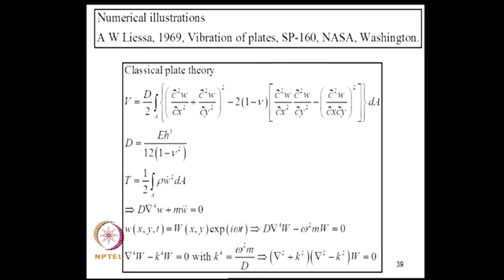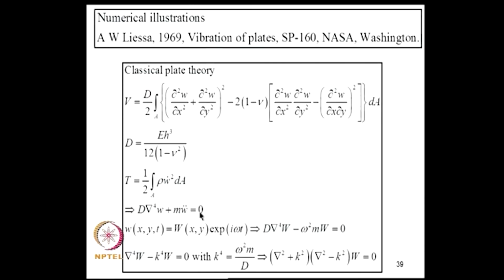So, let us quickly recall, this is the strain energy as per the classical plate theory. We were writing it in a different form, but when expanded it will have this form. This is the kinetic energy. So, the governing equation is of the form D del 4 W plus m W double dot equal to 0.